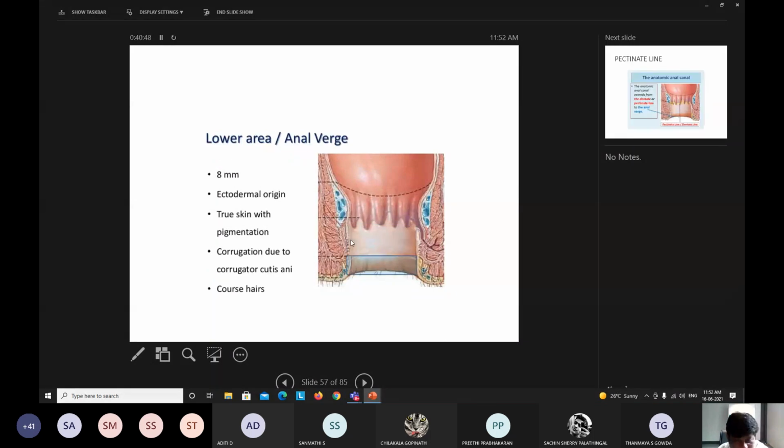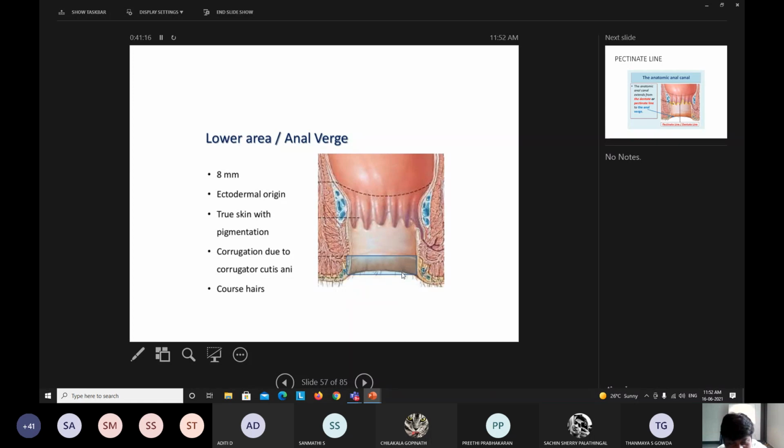And then the lower area, which is 8 millimeters long, ectodermal in origin. And then there are skin folds. You can see the skin folds converging towards the intermediate area. This is true skin with pigmentation. Corrugation is due to the corrugator cutis ani muscle.